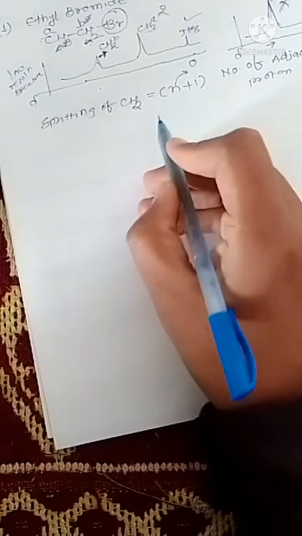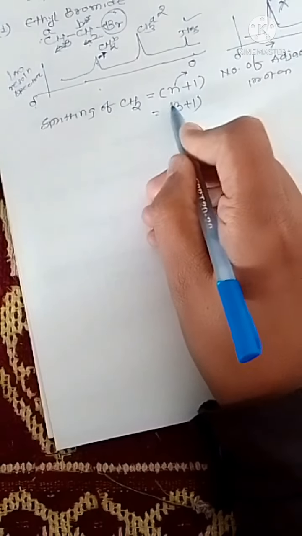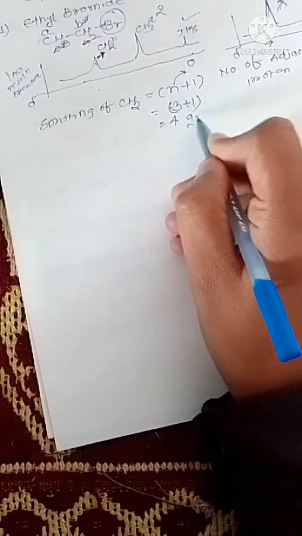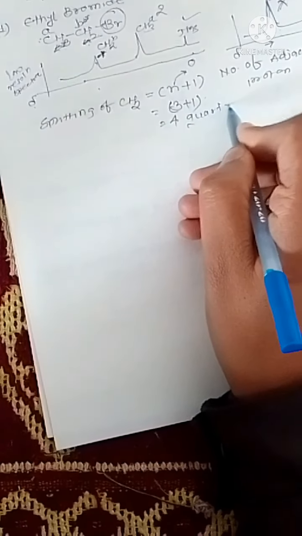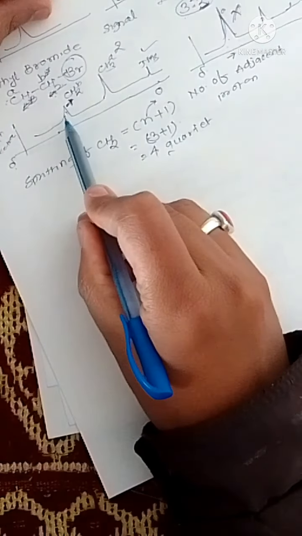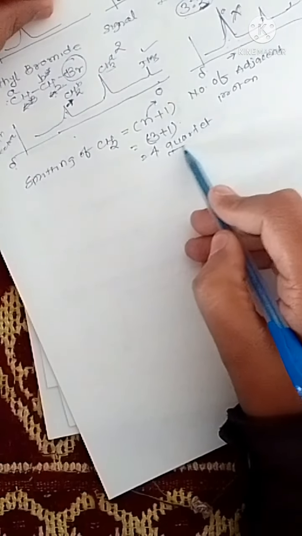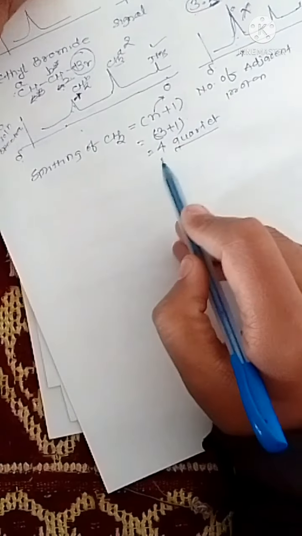How many protons are there? 3 protons are there. So 3 plus 1 is 4. That is a quartet. It simply means that this signal in the high resolution spectrum is divided into 4 microsignals.